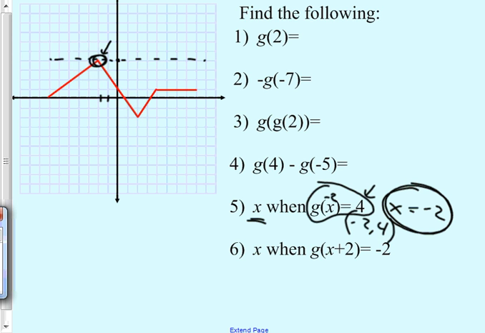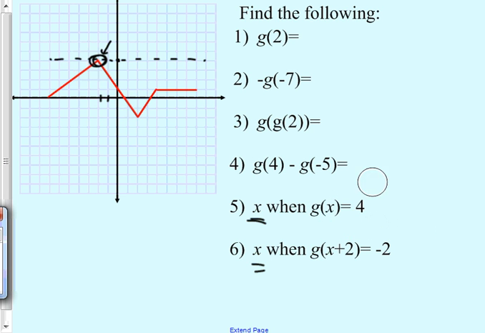This one also wants to know x, which implies that they're not telling you x. They're telling you y. I'm telling you y is -2. All right, so if y is -2, I'm going to go to y is -2 right there. Follow it across. Boom, that's the spot. And that means I want to know x. X is +2. What did I just figure out?